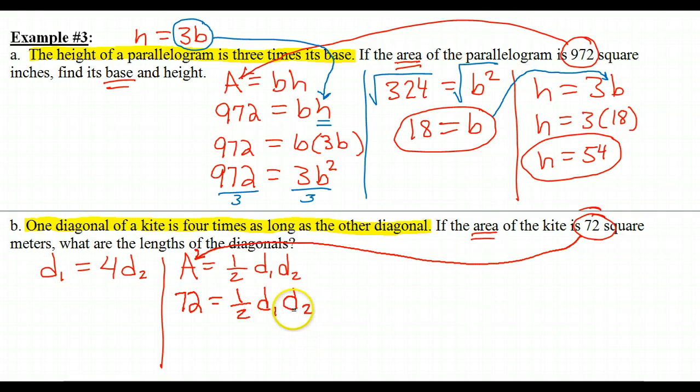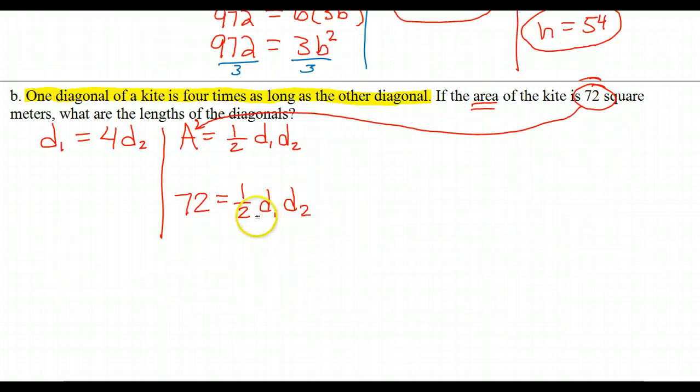Alright, I still have 2 variables though, so it would be nice to substitute and get rid of one of these variables. Okay, now let's do another substitution. I took this area formula, but they gave us the 72 as the area, and I substituted that in, and here it is.